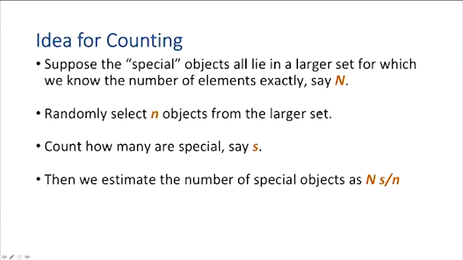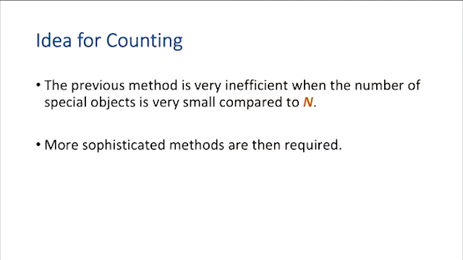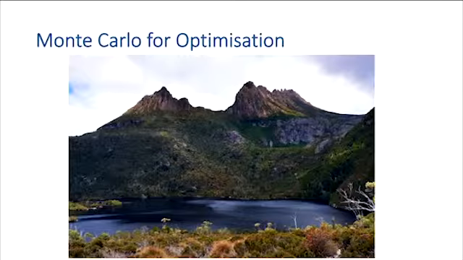So if there were, say, 1 million general objects, you select 100, and 10 of them were special, then you know that about 10% are special objects. So 0.1 times N. That's how you can do counting via Monte Carlo. Obviously, it's very inefficient if the number of special objects is very small compared to N, and then you need a more sophisticated method.